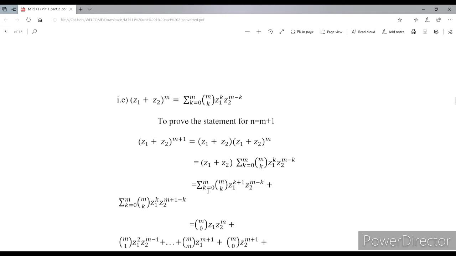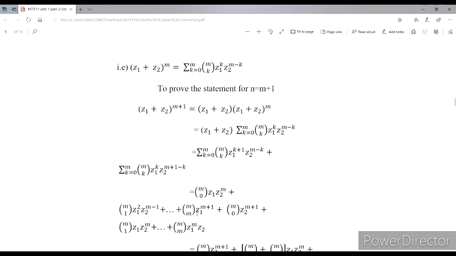The first term we have mC0 Z1 power 1, that is Z1, Z2 power m. Then plus mC1, Z1 square, Z2 power m minus 1, plus etc. For this, the last term is mCm, Z1 power m plus 1, Z2 power 0, the value is 1.